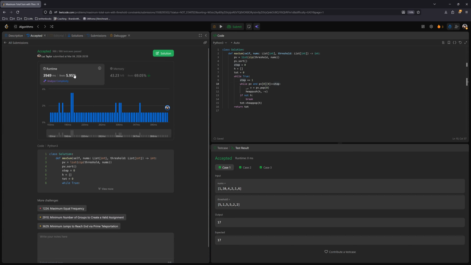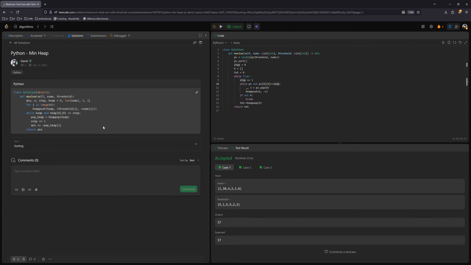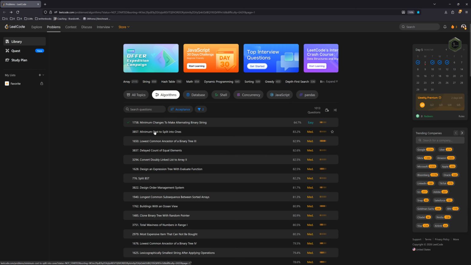Okay, beats 5.9%. Well, I guess that's one way of saying that my solution sucked. Heap push. Hey, I was just following the instructions. Okay.